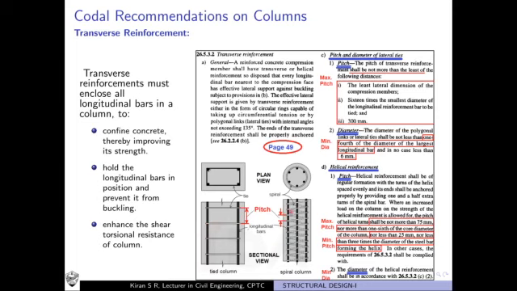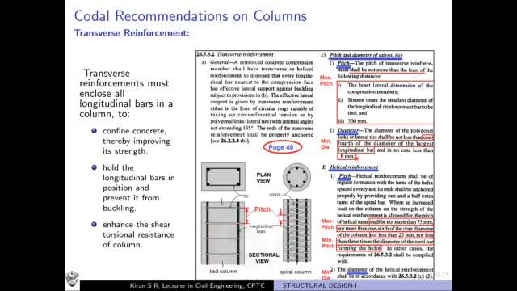Or in the case of spiral or helical reinforcement, it is the center to center distance between two adjacent turns of helical reinforcement. We have codal recommendations to determine the maximum pitch, so you can refer to these codal provisions while you determine the pitch of lateral ties.